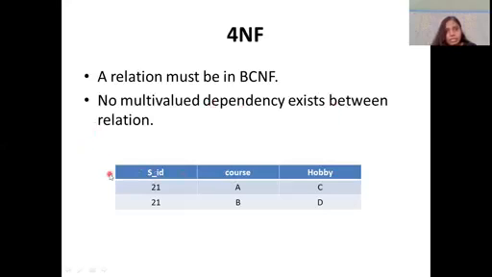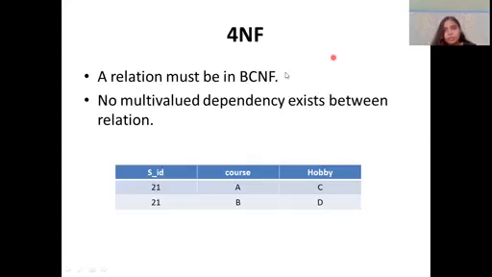For example, if we consider this table, SID 21 has some details A and C. Again, in the next row, SID 21 again. So this course is depending on this SID 21, and these details are depending on the same SID 21. So it is stored multiple times. This dependency should not exist if you want to tell this particular table is in fourth normal form. So this is all about fourth normal form.